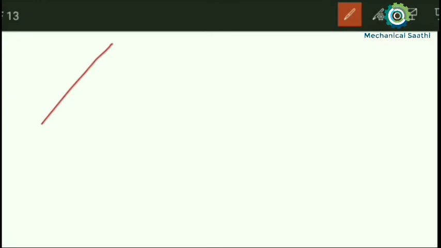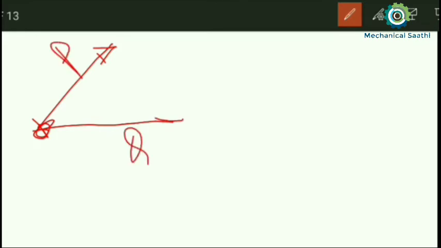If there are two forces like this, and this is the common point where they act, with different magnitudes, let this be P and let this be Q. These two forces are represented as the two sides of a parallelogram.